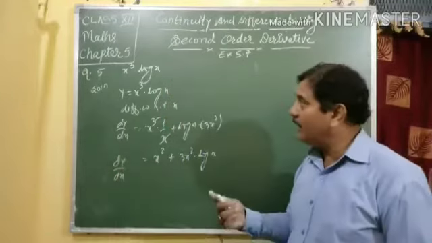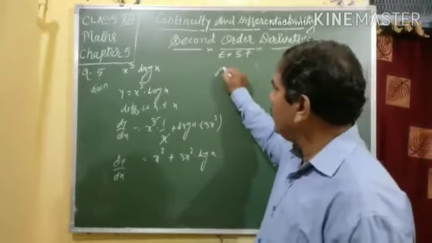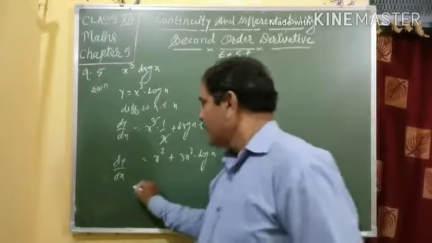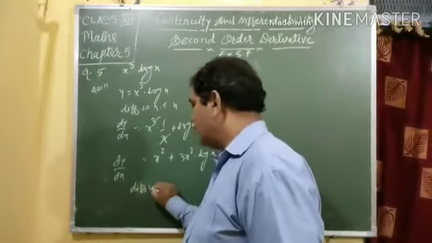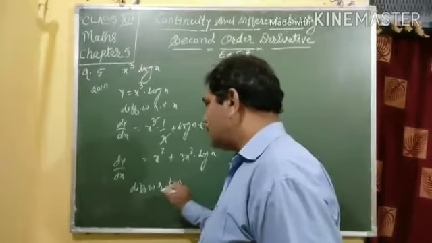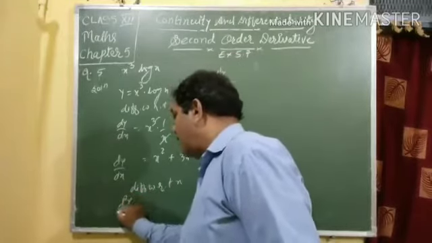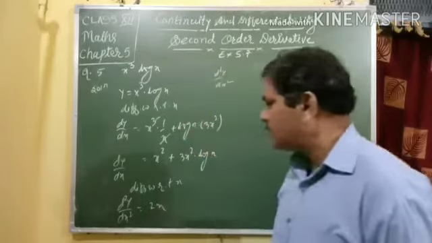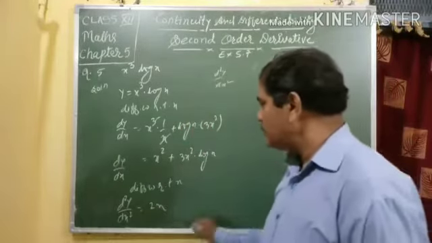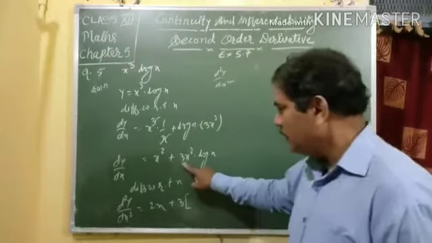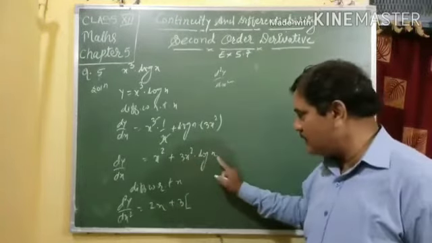Now you have to find d square y by dx square. So again differentiate with respect to x. So d square y by dx square is equal to, this is 2x. First, derivative of first is 2x, plus 3 into, this is the constant, and this first term and second term.